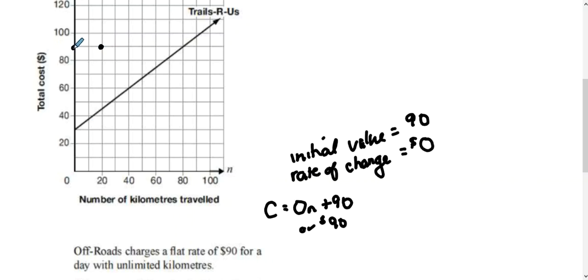If I don't go anywhere, it's still going to cost me $90. All right, 40 kilometers is 90, and from there, I can just go straight across. Okay, and let's label it off-roads.